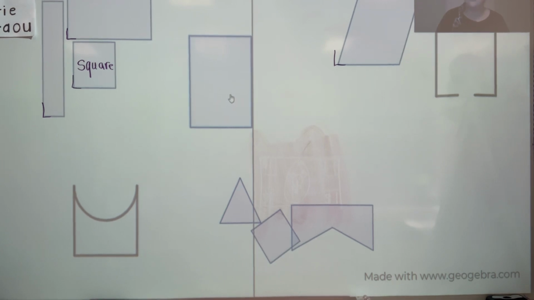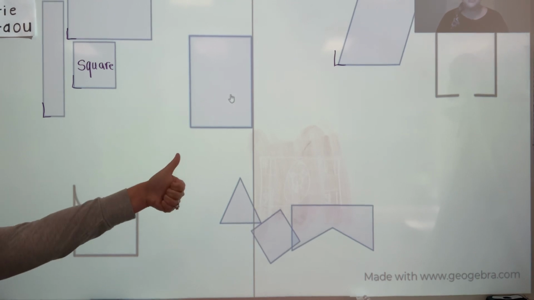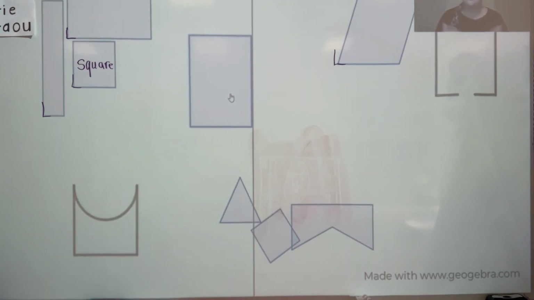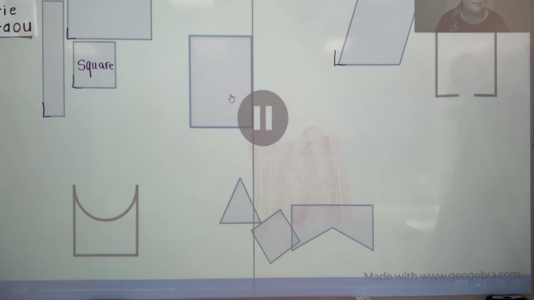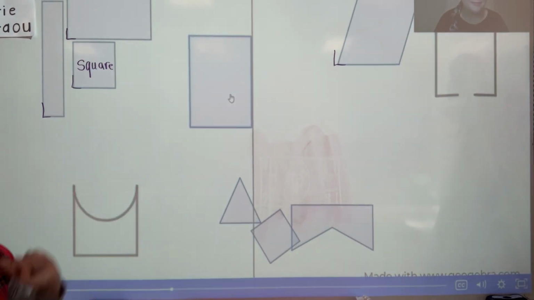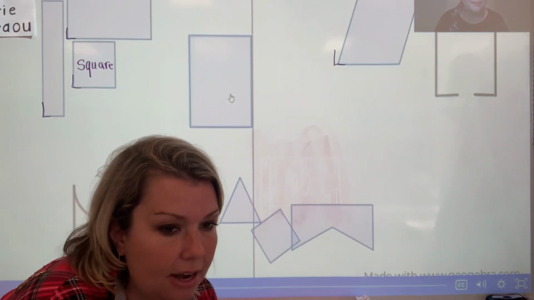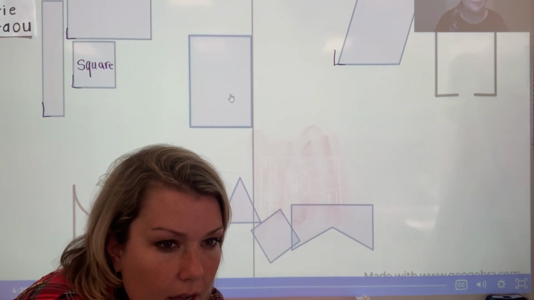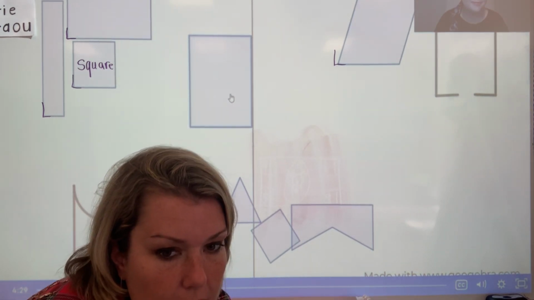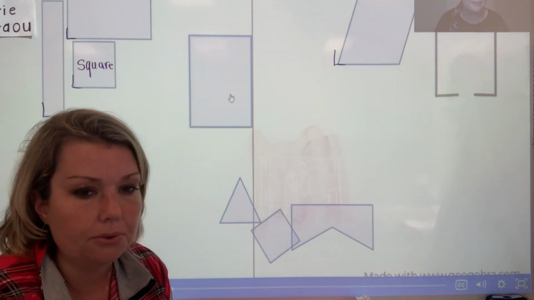Is it a rectangle? Thumbs up or thumbs down? You think it is? Well, what makes this a rectangle? Because I saw a lot of thumbs up. Let me see. Estelle, why is this a rectangle?